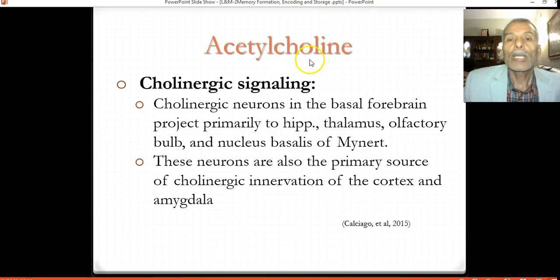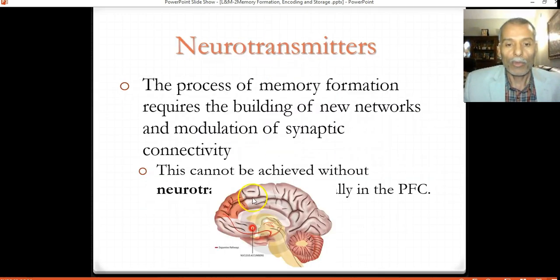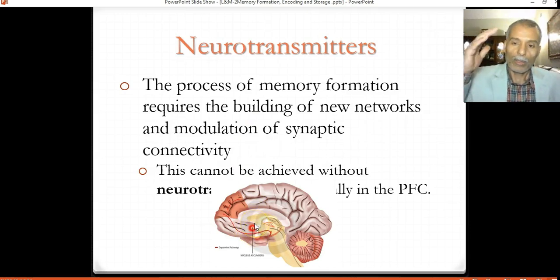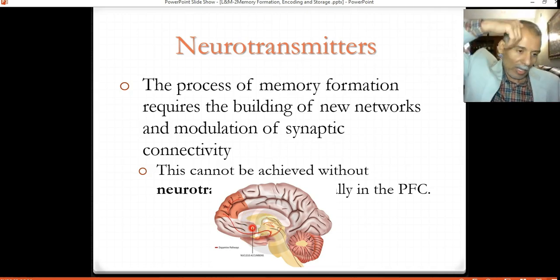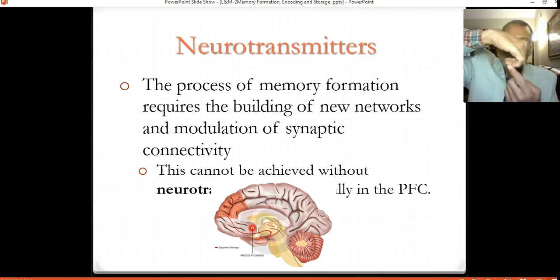So acetylcholine has pathways. The adjective from acetylcholine is cholinergic, so something that has to do with acetylcholine. So cholinergic neurons that use acetylcholine are in the basal forebrain. Let's see the basal forebrain right here, this area here. So the brain, just as it goes like this, it just kind of bends over. So that's the basal forebrain.